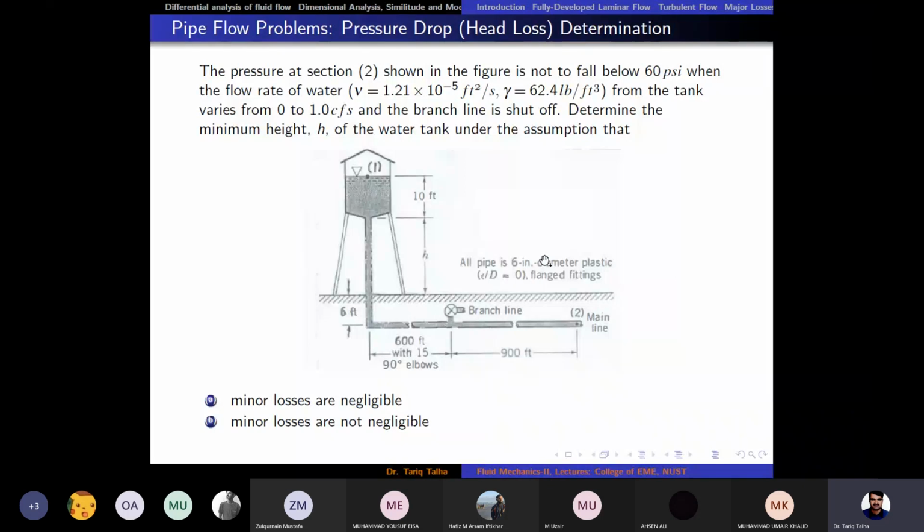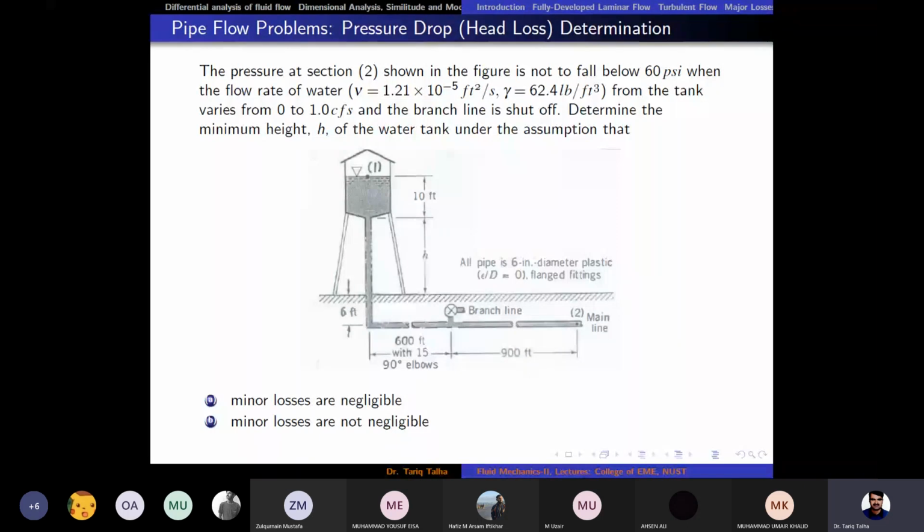Its value shouldn't be less than that, because normally when there is a low pressure in a piping system, there is the phenomenon of cavitation. So we need to avoid cavitation in the piping system in order to suppress the vibration which would occur if there is some kind of cavitation.